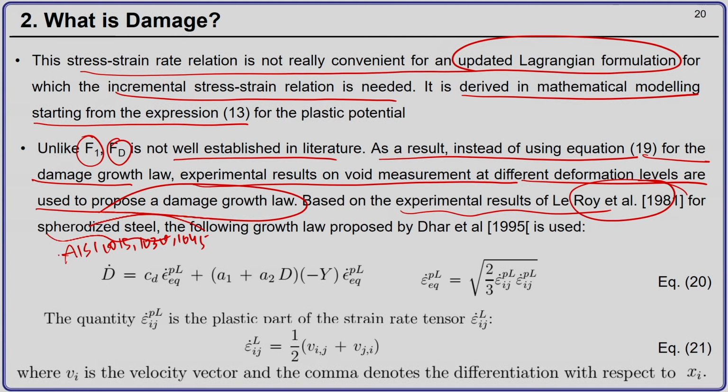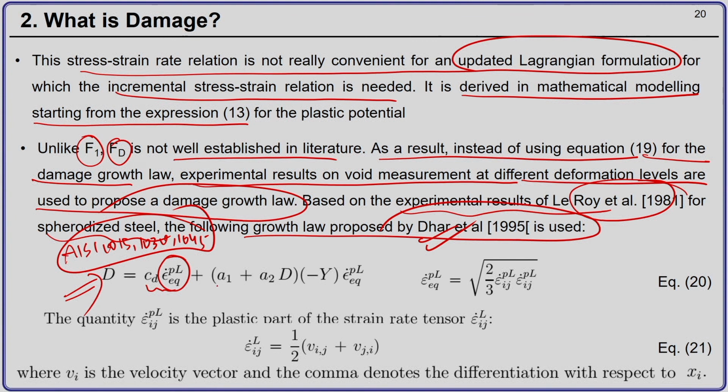For these, Leroy has done experimental results for the void growth, and we use that to propose a damage growth law, which was originally proposed by Dhar et al. in 1995, and this is given by equation number 20: d dot equals Cd, which is a constant, times the rate of equivalent plastic strain, plus (A1 plus A2 d) into the dissipative part of thermodynamic force corresponding to damage into epsilon dot equivalent plastic.